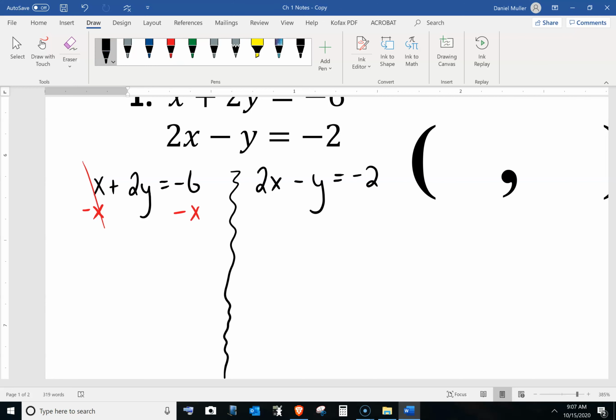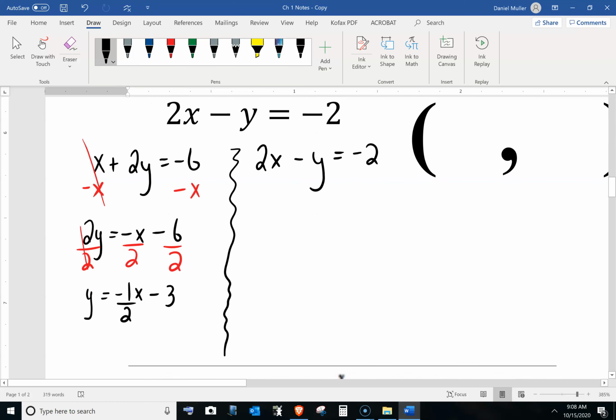So I just have a 2y on the left equals, now these are not alike, I can't join them, so they just stay negative x minus 6. And then I can divide everything by 2. And my y is now alone. So y equals, now there's no number here, but it's actually a 1, so I'll write negative 1, there's the 2, there's the x, and 6 over 2 is 3, and it's a negative.